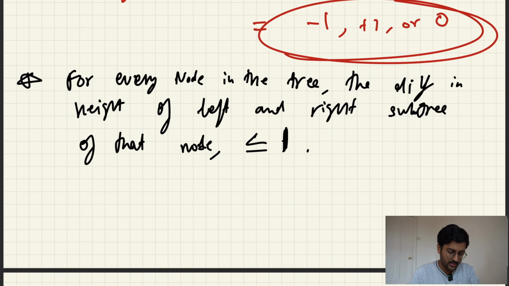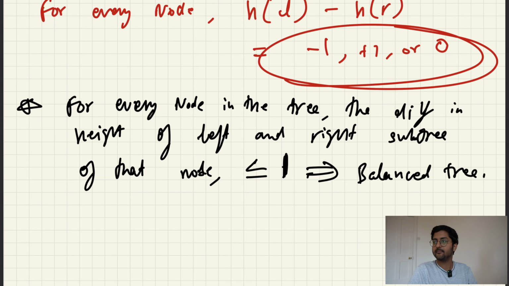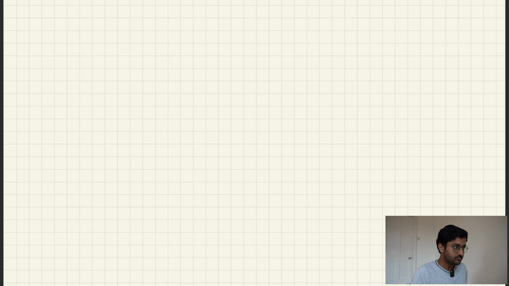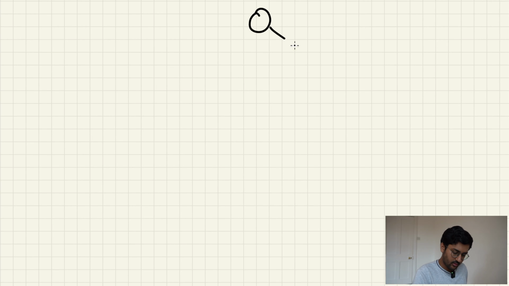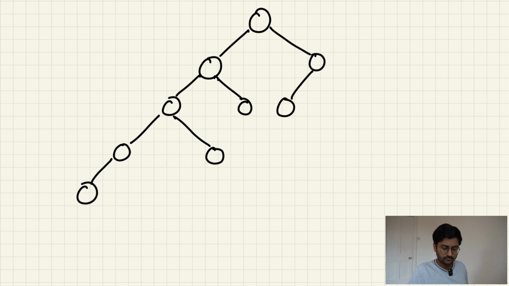Now let's take a look at an example, and that is a balanced tree. That is called a balanced tree. Let's take a look at a tree which is not balanced. So if I have this tree right here, okay, like this. This is okay for now. Something like this. Fine for now. Okay, let's add in one more.